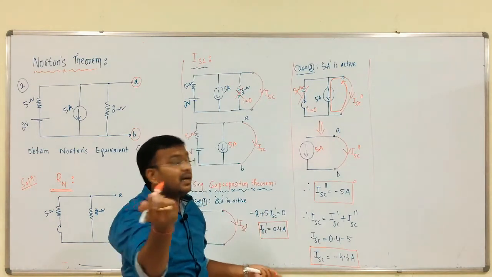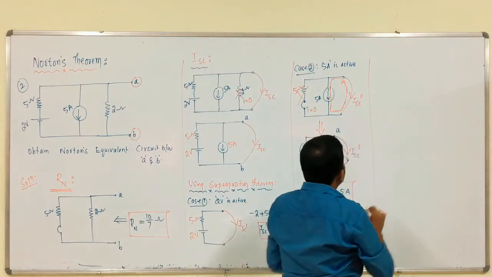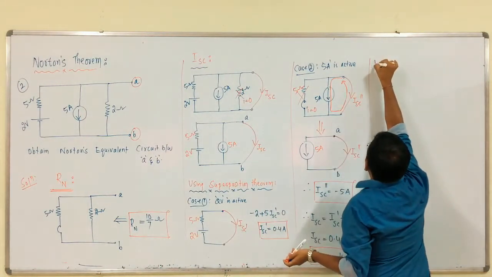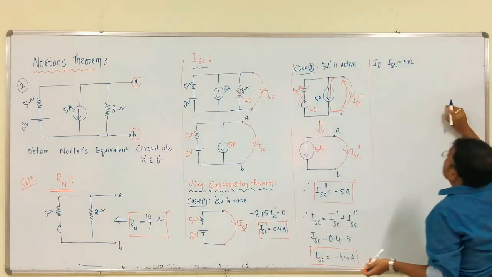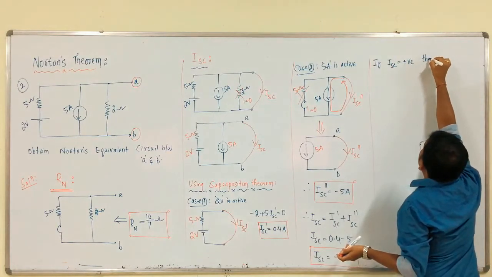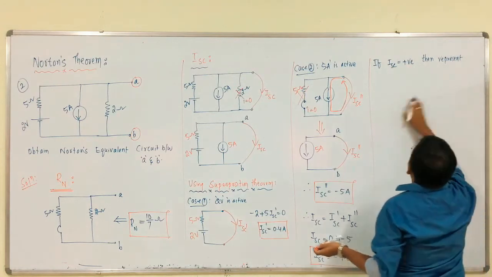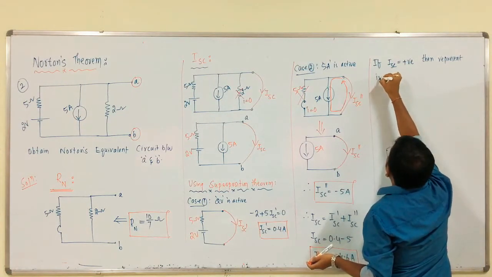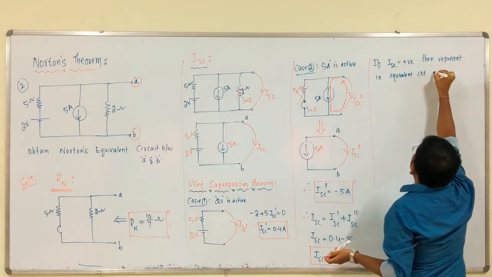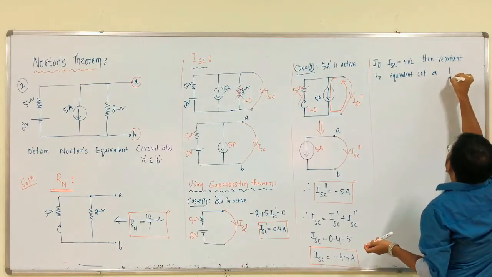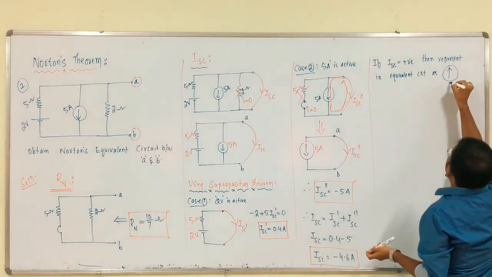Then how can we represent this current source in Norton's equivalent circuit? If ISC is positive, then represent it in the equivalent circuit like this.